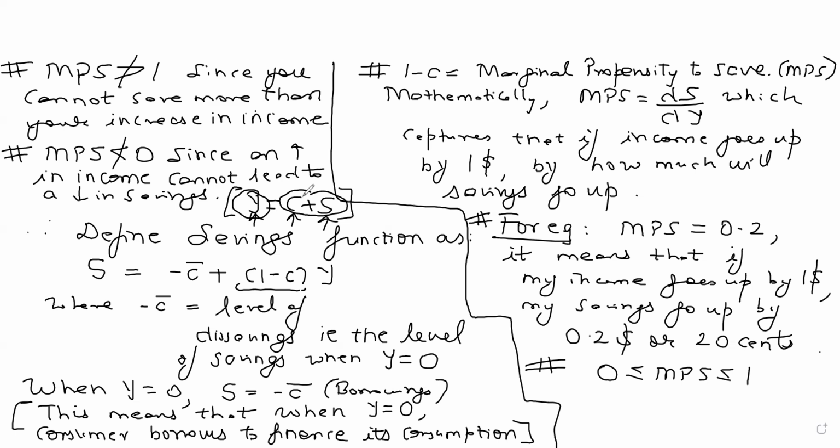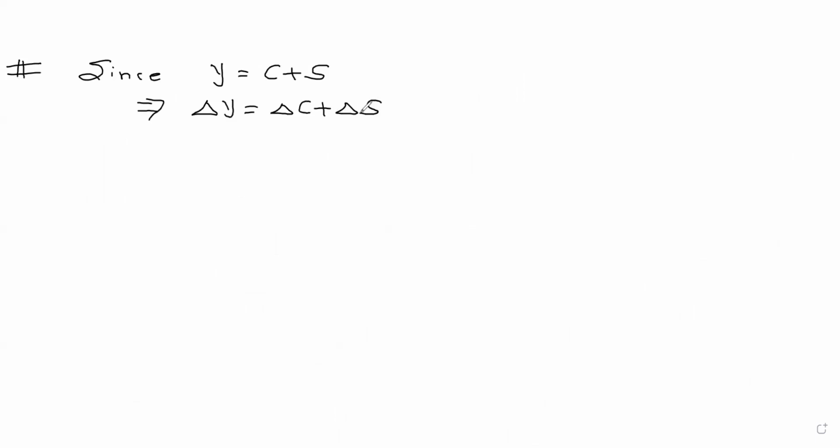So if I erase all this off now, I can now write that since income is either consumed or saved, change in income is also equal to change in consumption plus change in savings.